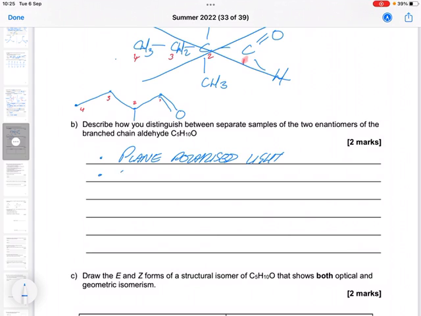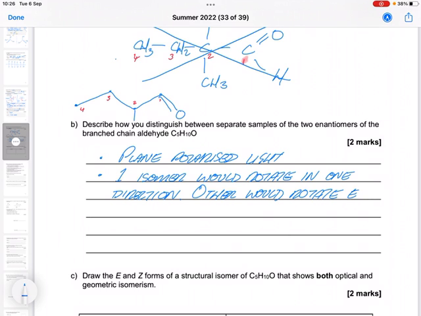So one isomer would rotate in one direction, the other would rotate equally in the opposite direction.